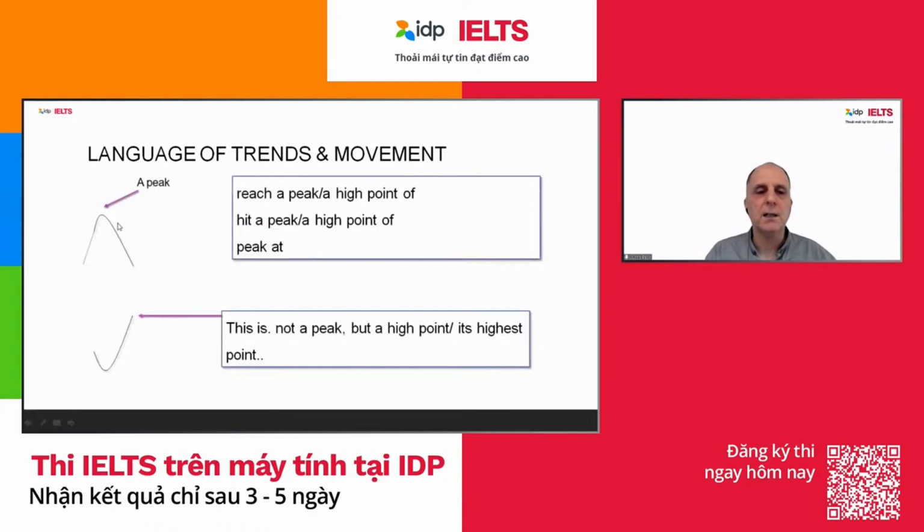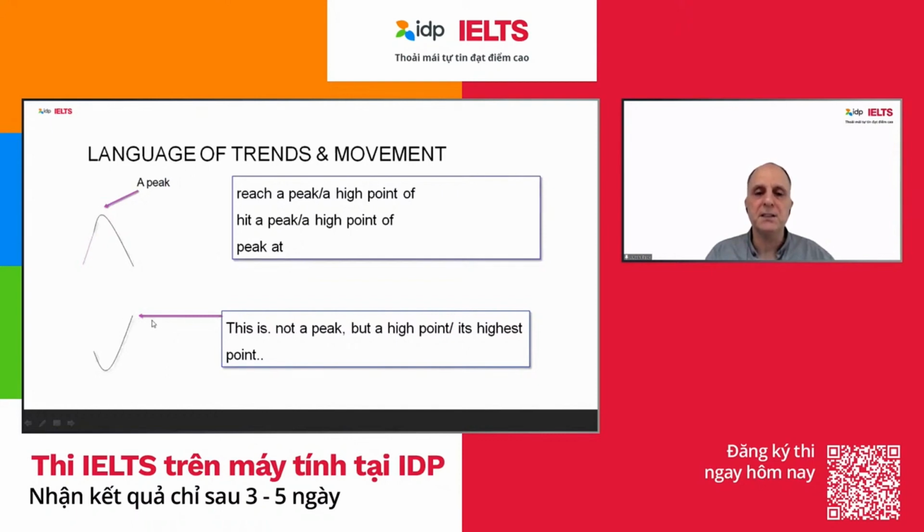Now, something I want to highlight. Remember that a peak is like a mountain. Reach a peak, a high point of, hit a peak of, and to peak at. Remember, peak at is a verb phrase. A peak of is a noun phrase. This is not necessarily a peak.